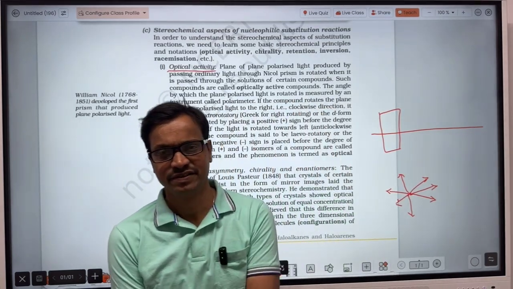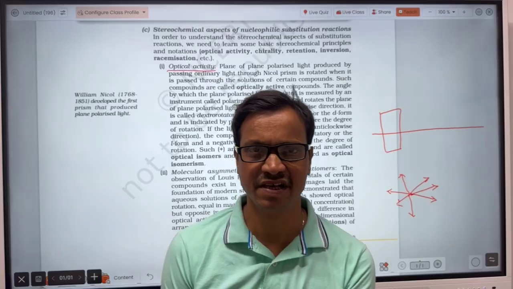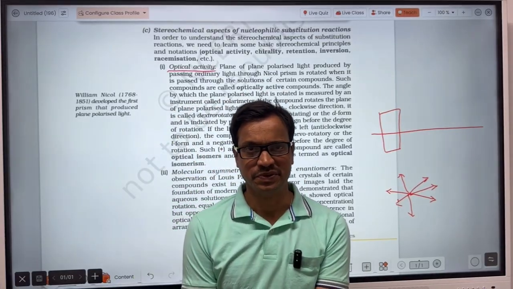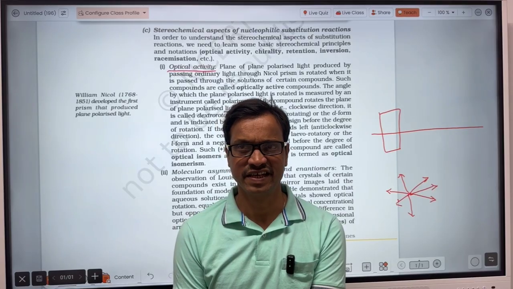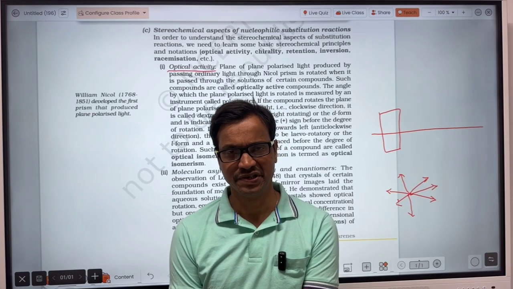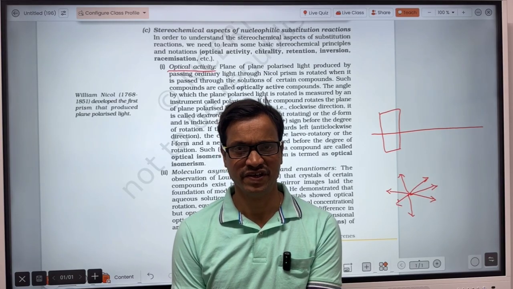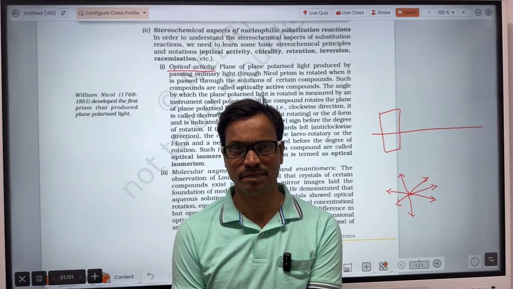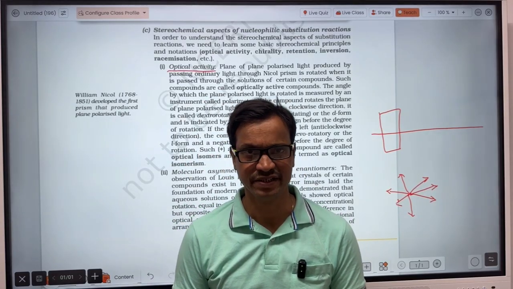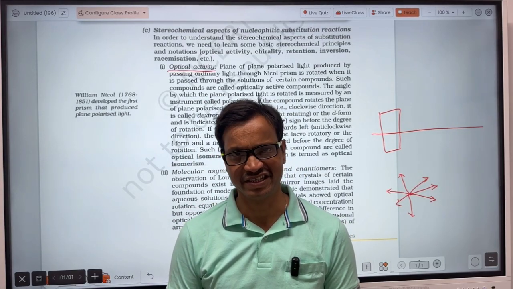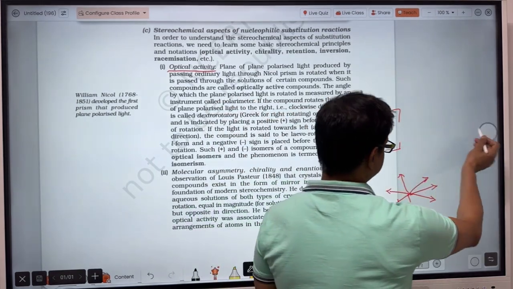In ordinary light, the constituent particles vibrate in all the planes perpendicular to the direction of propagation of the wave, and when that light passes through a Nicol prism, the constituent particles vibrate in a single plane. The light obtained is called plane polarized light.